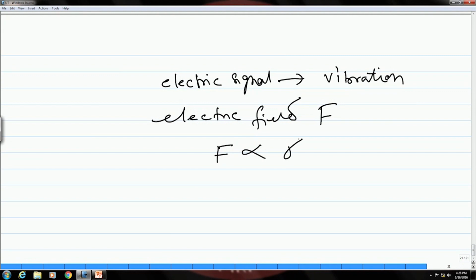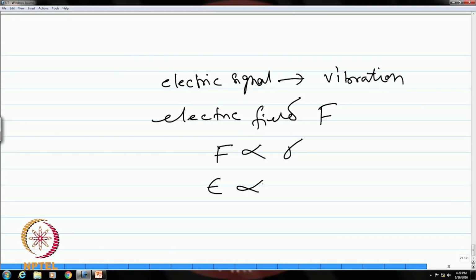Okay. Similarly, if you have a mechanical vibration or a mechanical strain, that will also generate an electrical signal. So, if epsilon be the mechanical strain, then it will generate this electrical signal F. So, these two again will be proportional.